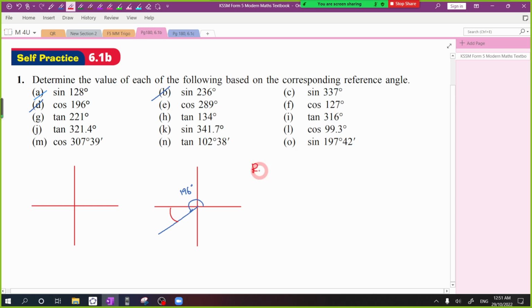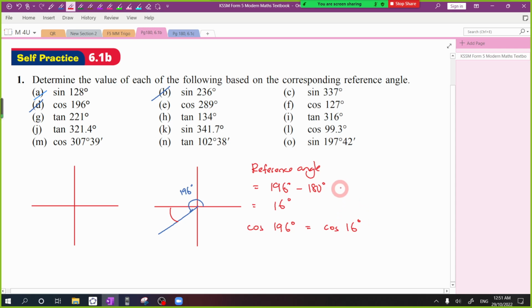Okay, reference angle is equal to 196 degree minus 180 degree. Okay, so this is 16 degree. Next step, write this. Cosine 196 degree is equal to cosine 16 degree.